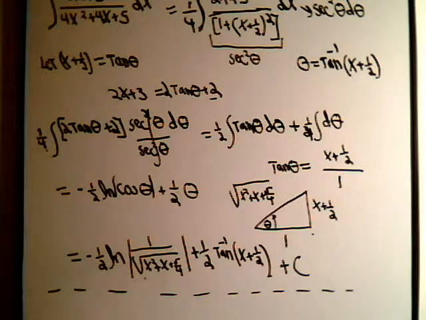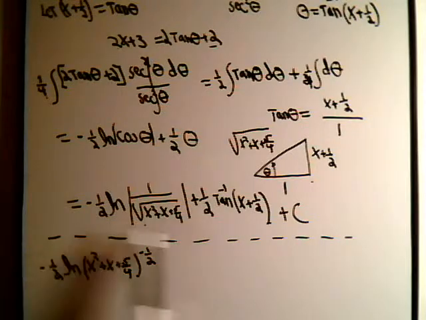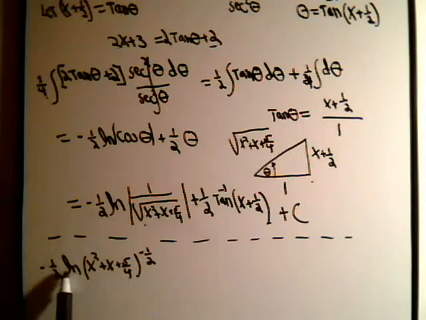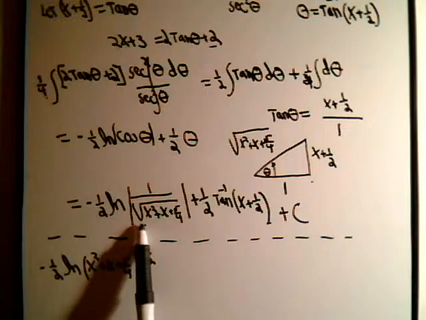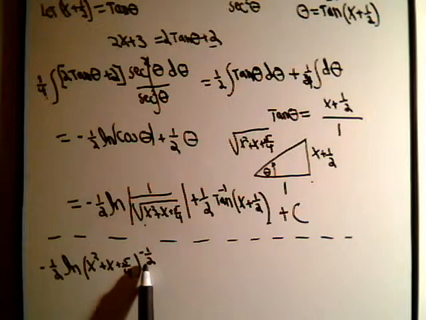This right here we can write as minus 1/2 the natural log of x squared plus x plus 5/4 to the minus 1/2, since the square root is in the denominator. Here we're working with this expression here, minus 1/2 the natural log. This square root is in the denominator, so we could write it as this quantity to the minus 1/2.